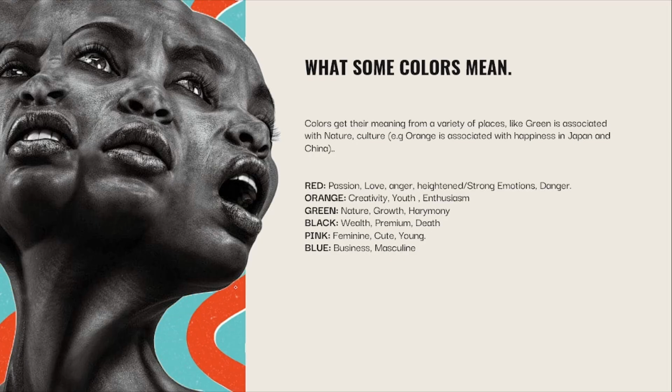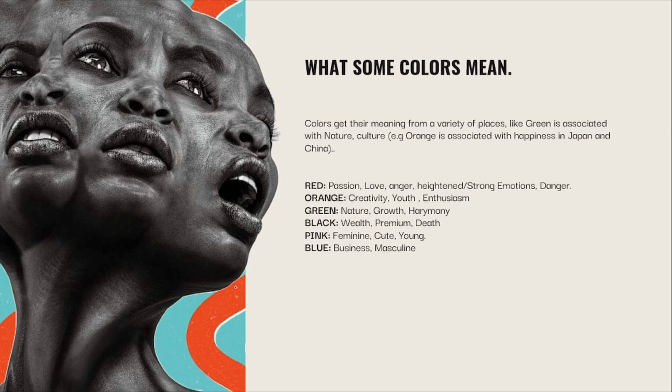For example, if you see something painted green, what comes to your mind? You start thinking of nature, you start thinking of health, start thinking of something healthy, right? That's color coming from nature. Color can come from culture.